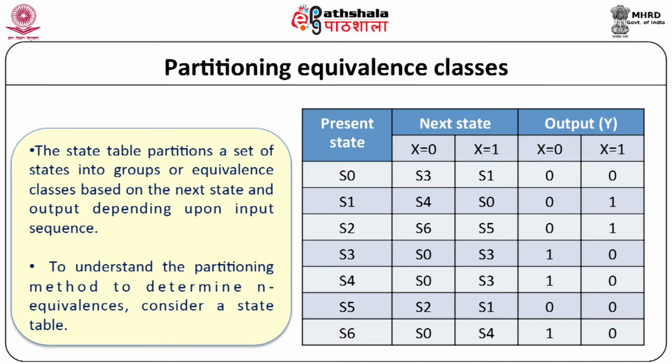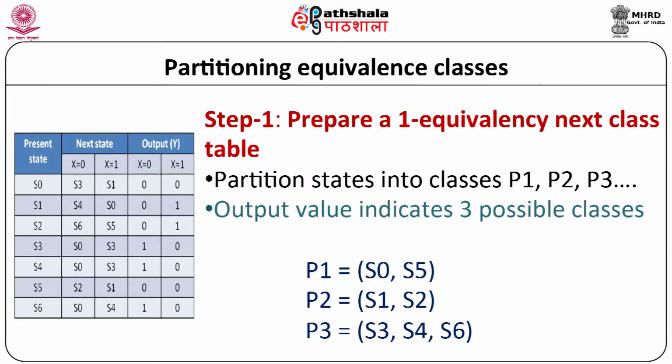This state table indicates the present state in the first column, and the number of next state columns depends on the number of input variables. For the given x, there are two next state columns for x = 0 and x = 1. Similarly, there are two output columns corresponding to input x = 0 and x = 1. Let us now understand the partitioning technique.